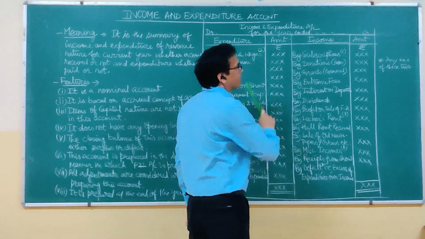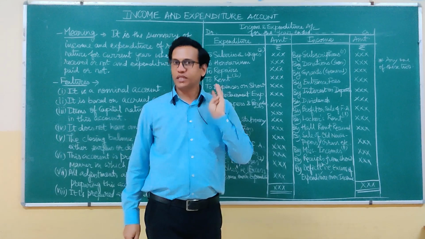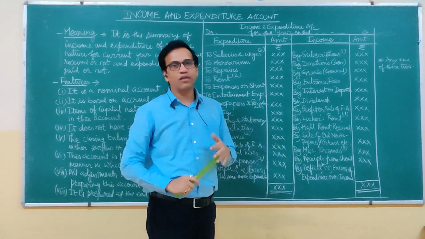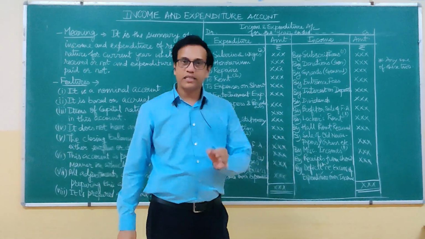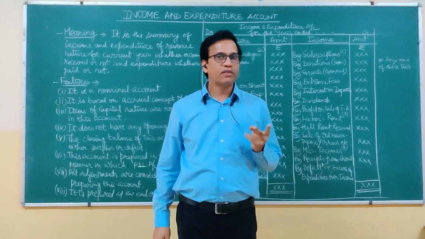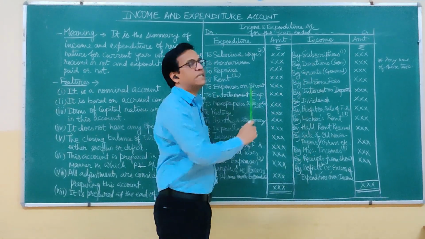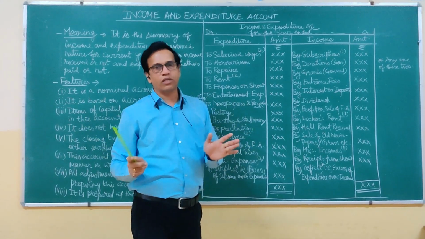Then donations. Donations are of two types: general donations and specific donations. General donation is taken here to the income side of the income and expenditure account. By grants, general grants. Again, grants are of two types: specific and general. General means those which are received annually, not for any particular program or special course.